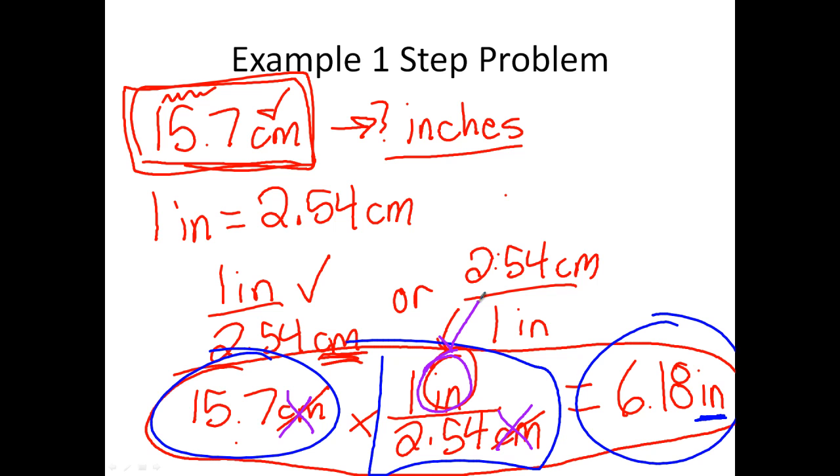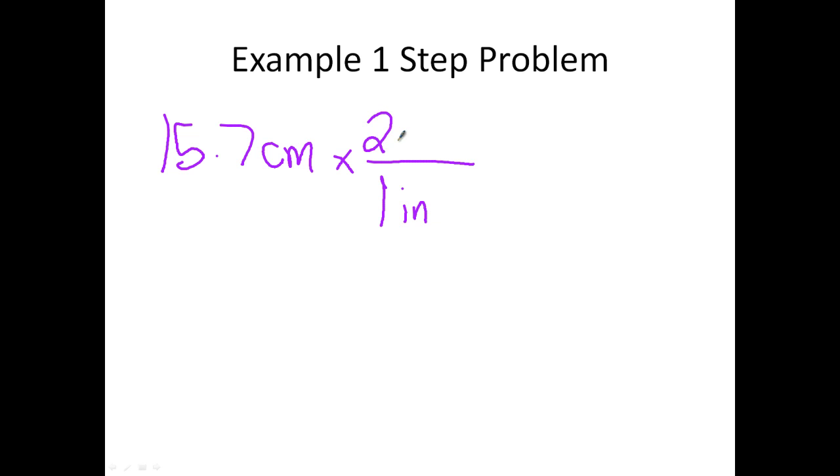So I want to show them one thing real quick. If I would have chosen the wrong conversion factor, let's say I would have multiplied it by 1 inch on the bottom and the 2.54 centimeters on top, my centimeters aren't going to divide out here.